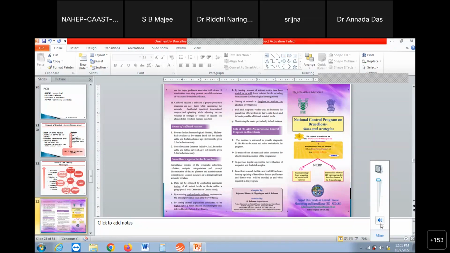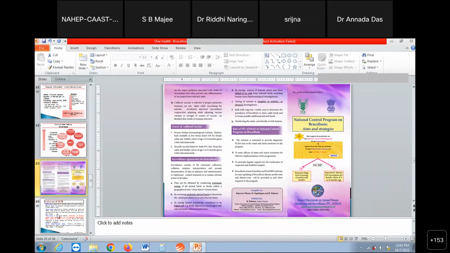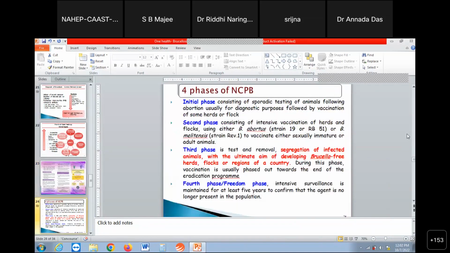So we'll just see. This is just the leaflet to show you how this program was first taken up from ICAR and the role of PDADMAS in the National Control Program on brucellosis. So we'll see what were the 4 main phases in which this program was to be held or is being held. The initial phase consists of sporadic testing of animals following abortion, usually for diagnostic purposes, followed by vaccination of some herds or flocks.